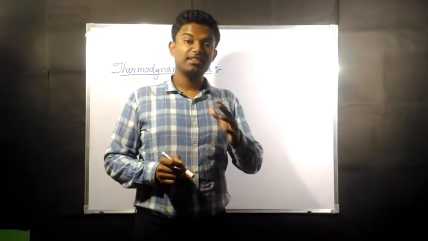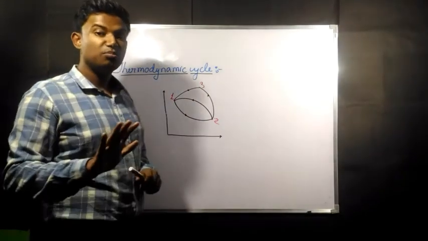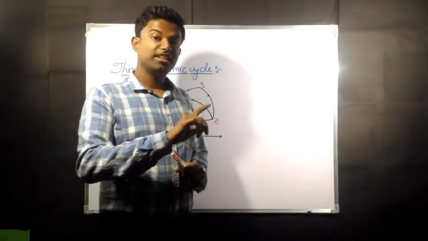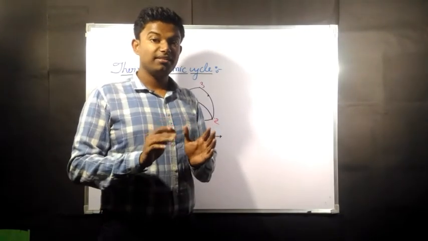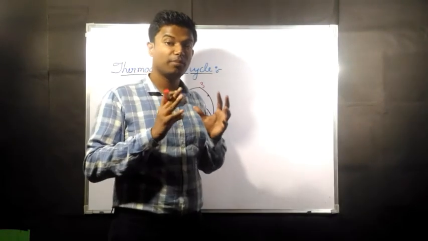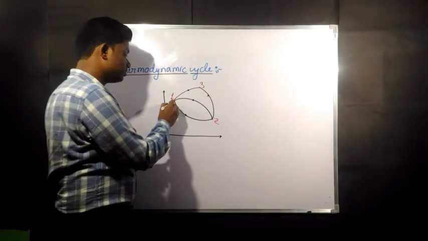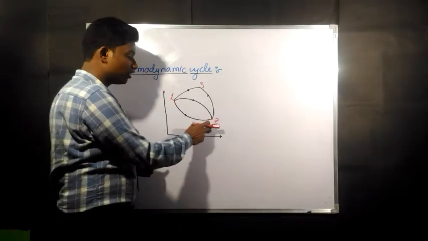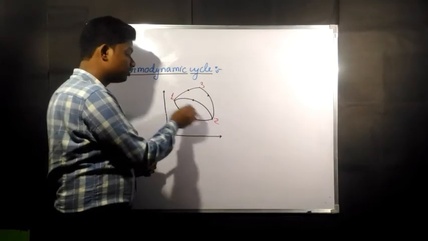Now another thing we need to remember here, that in a cycle the change in properties is going to be 0. Now in the definition of properties, one thing we have discussed, that the properties in a certain state have a definite value. Every property is going to have a definite value for a certain state. Now if this 1 is a state and 2 is a state, then properties are going to be different for these two cases.